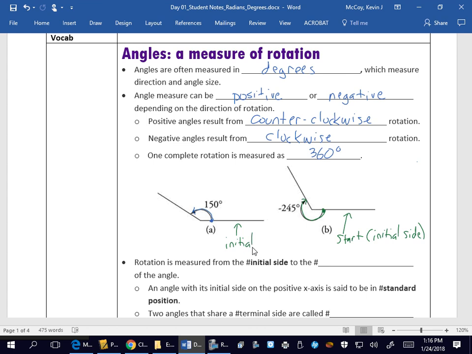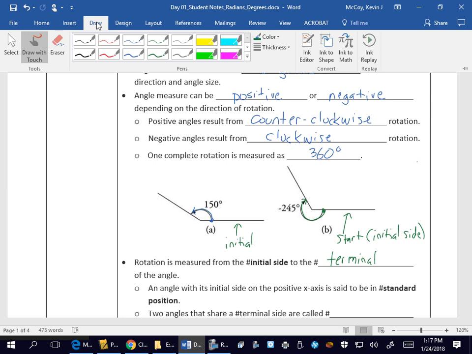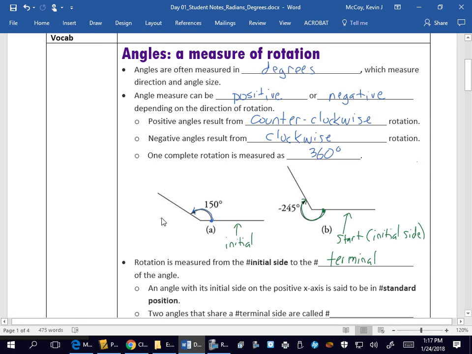And we keep rotating until we hit what is called the terminal side. Terminal meaning to finish or to stop or to end. Terminal side. And that's what this is right here. That's the terminal side. Same thing over here.